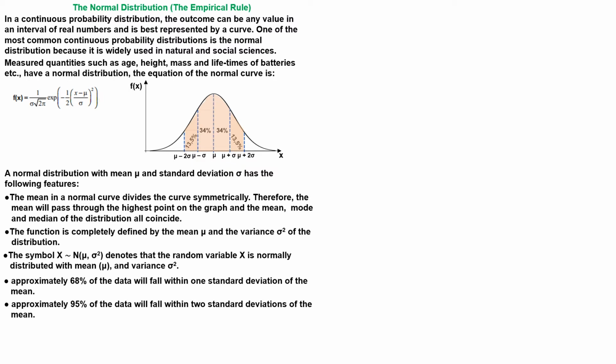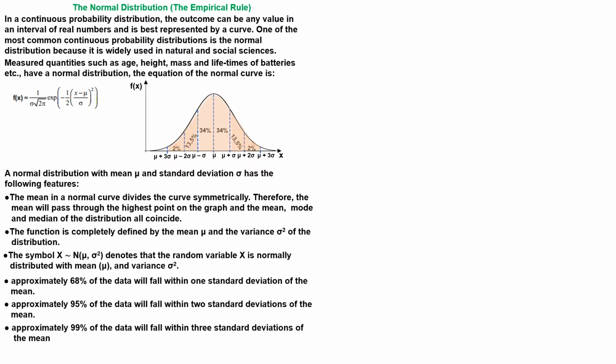Approximately 99% of the data will fall within three standard deviations of the mean, between the mean minus three standard deviations and the mean plus three standard deviations. These last three features are known as the empirical rule.